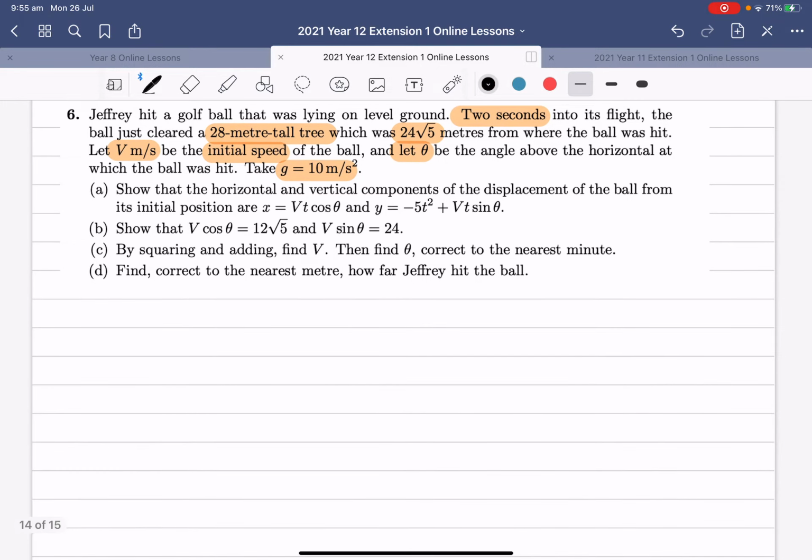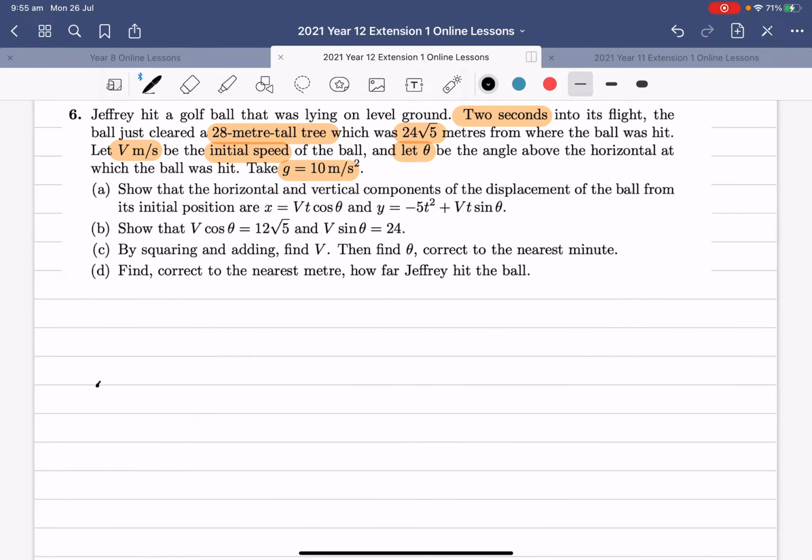Okay, so I've got a ball that's hit towards that direction here, as you can see. It says it just cleared a tree, sorry, a 28-meter tree, which is 24 square root of 5 meters away from where the ball was hit.